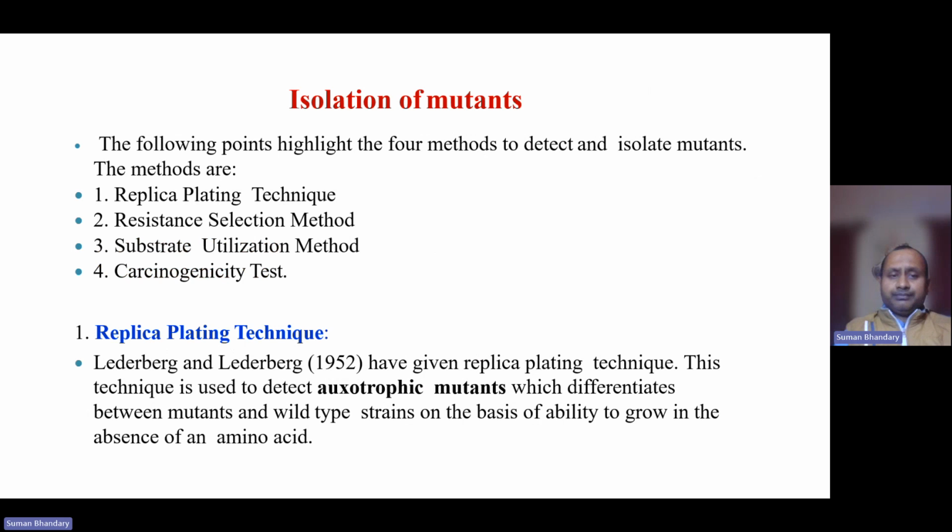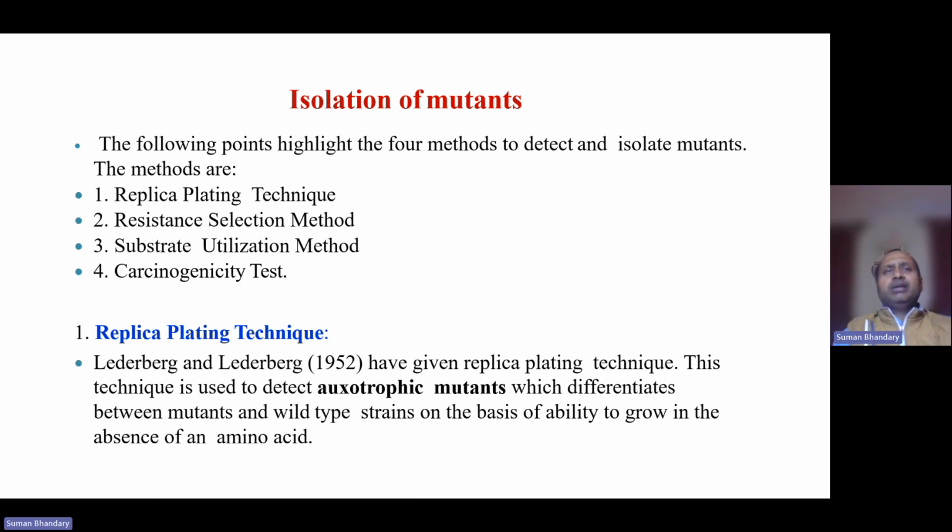Let us discuss the processes through which we can perform this mutation or mutant selection. Here we can say that there are 4 methods: replica plating method, resistance selection method, substrate utilization method, and carcinogenicity test. These are the tests we can use for isolating or selecting mutants.